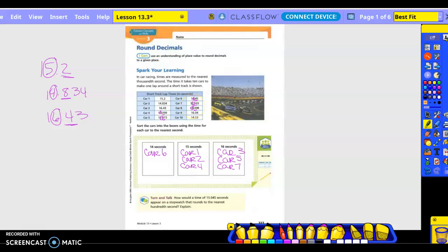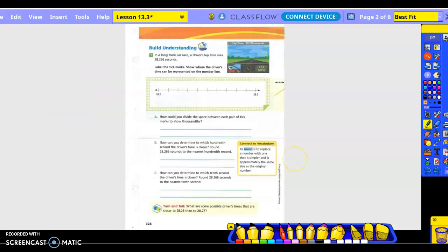Is that going to stay 14 or become 15? 14, so car 8 goes here. Circle the 6, underline the 0. 16 or 17? 16, so car 9. And then circle the 4, underline the 5. 14 or 15? 15, so car 10.